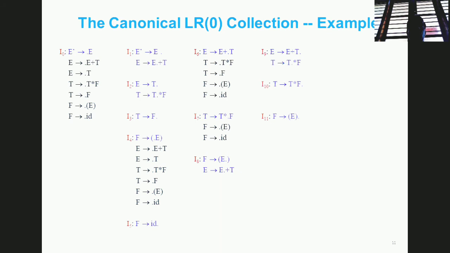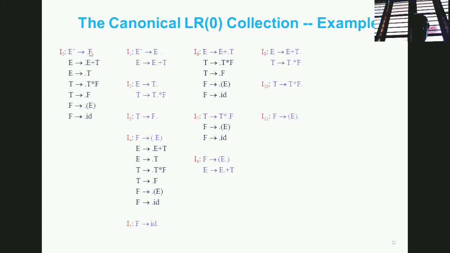Using this algorithm, I'll show you how this canonical LR(0) item set has been constructed. You can observe that we started with I naught, that is E dash tends to dot E, and all these become the LR(0) items.